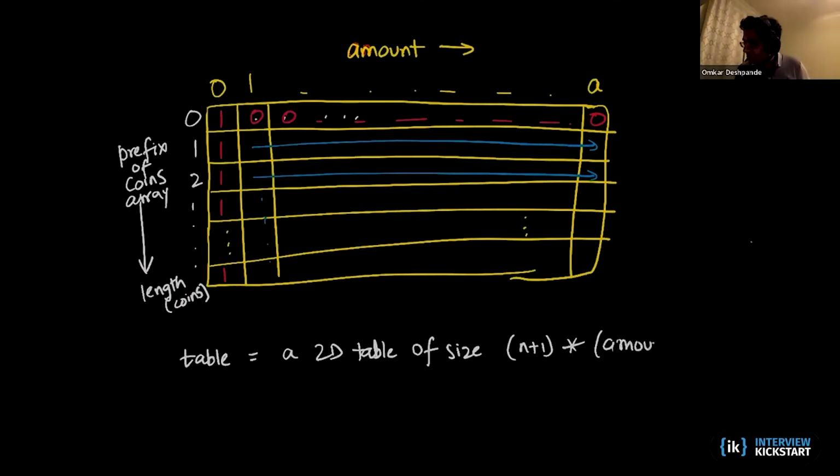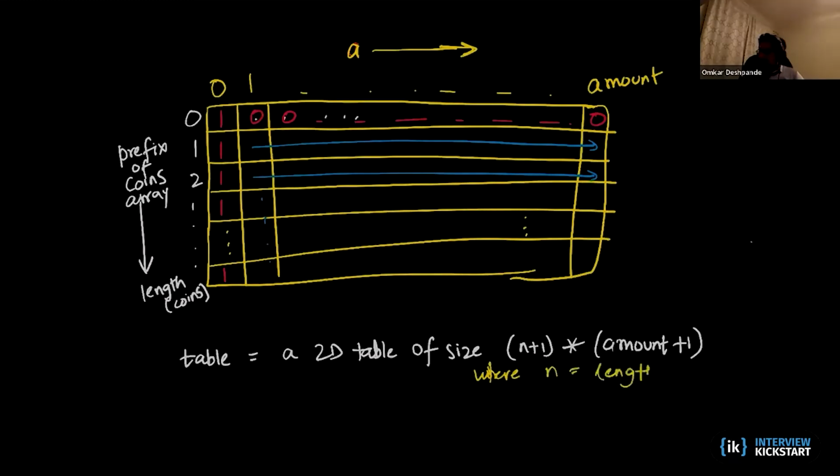Actually, the variable is amount, so let me write this as amount, and this as a, to be consistent with the notation in the problem, where n is the length of the coins array.